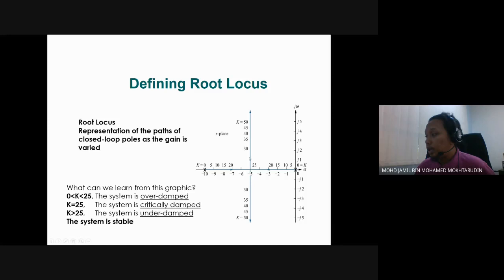And when the poles are on the left-hand side but have an imaginary part, meaning your poles have an imaginary part and are on the left-hand side of the S-plane, then the system is underdamped. Okay, so this is the meaning of root locus. In tomorrow's lecture, we will go into sketching root locus in more detail. This is just an example of how to explain root locus to you.